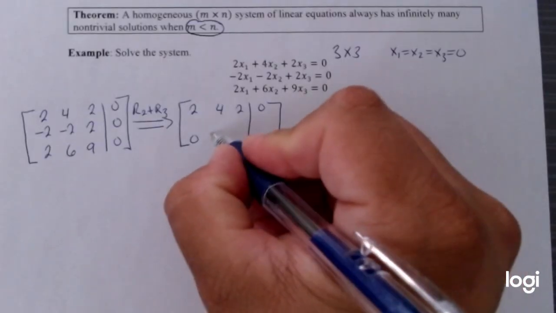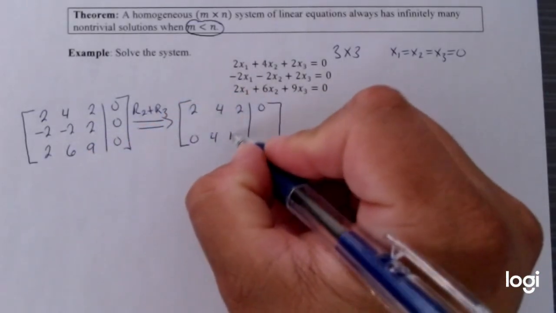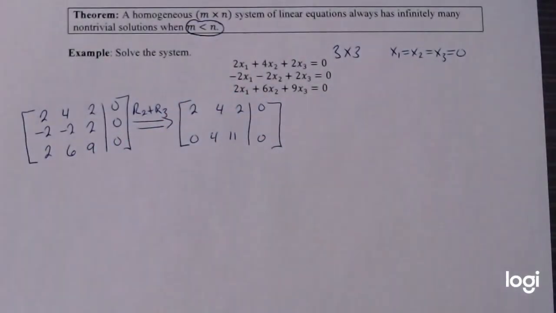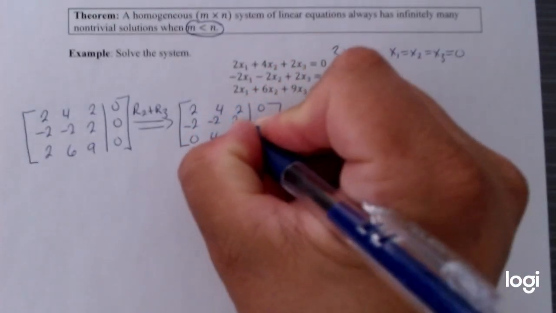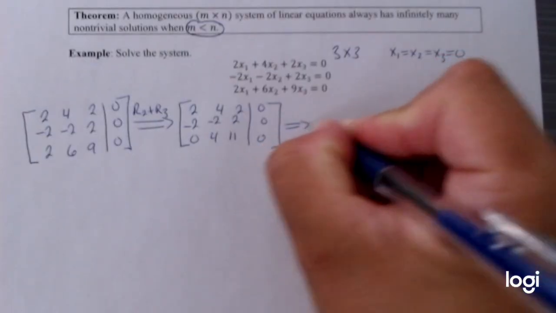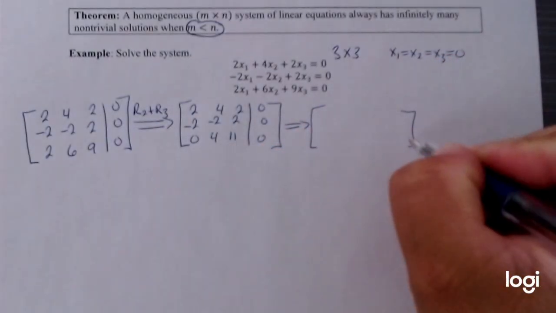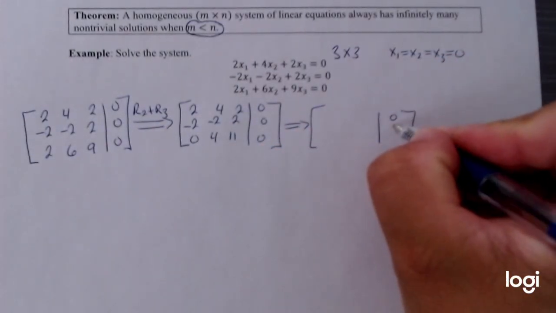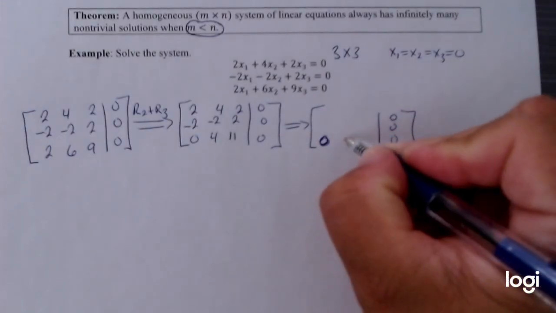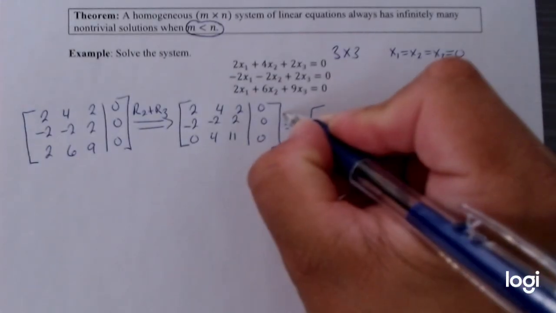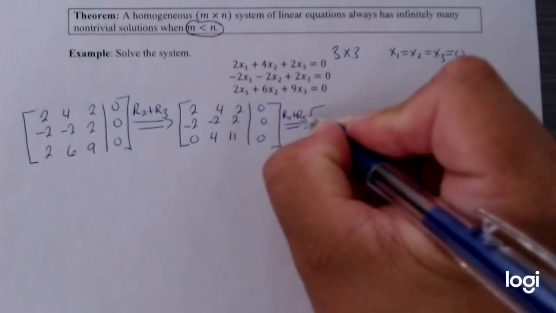This gives you 4, this gives you 11, and there's a 0 there. And now I'll replace row 2 with the same process. I'll do row 1 plus row 2.